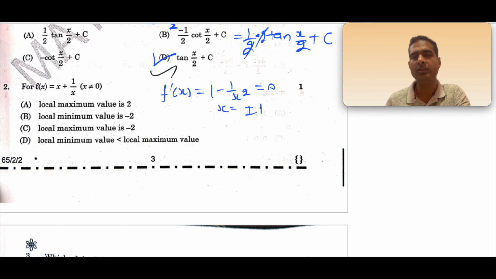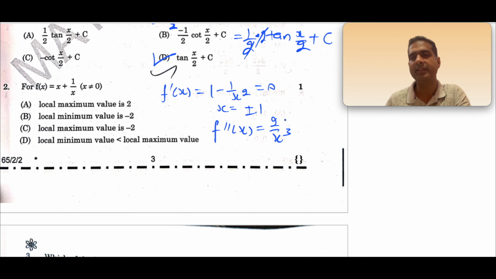To find out at which point the function is maximum or minimum, we have to find the second derivative. The derivative of 1 becomes 0 and the derivative of negative 1 by x square becomes 2 by x cube, so the second derivative is 2 by x cube.